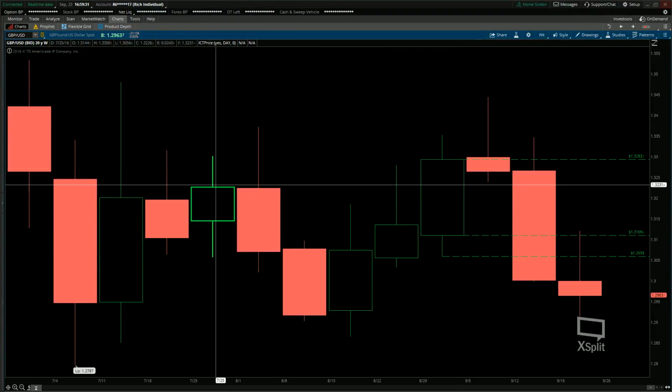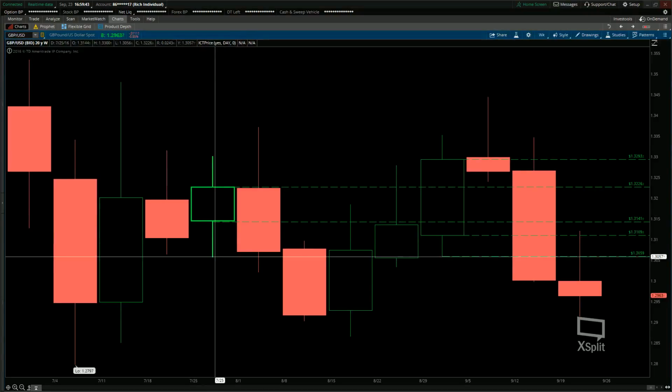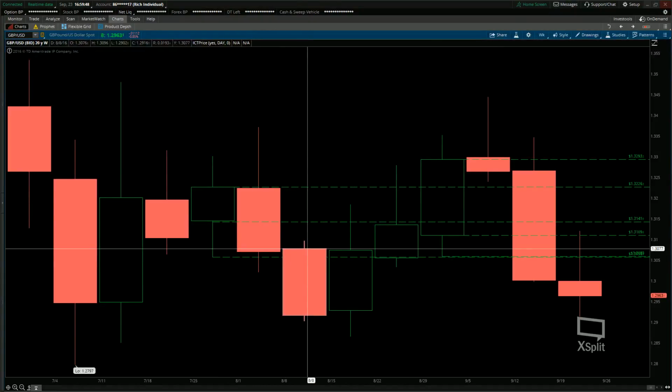So if we went over to this one, which was the other bearish order block, the last up candle before the down move for 2 weeks, we'll highlight that area. Then we'll also highlight this area here, which we went through.